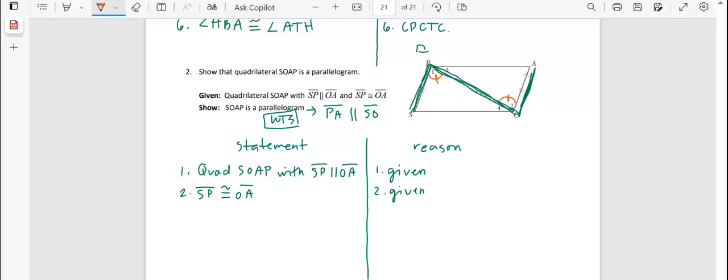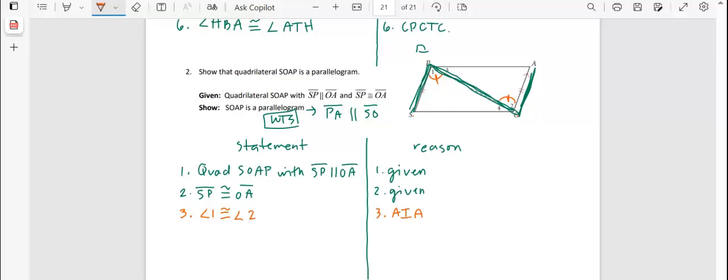Now I've already established I have a parallel line, so I don't need to restate that. But now what I can say, if you want to go ahead and call it angle SPO or just call it angle 1, how they've labeled it in the diagram, we can say angle 1 is congruent to angle 2, and that reason again is the alternate interior angle conjecture, or we can just say AIA.